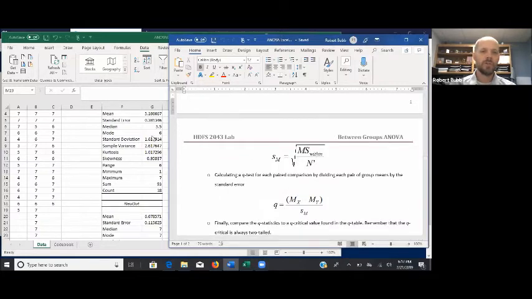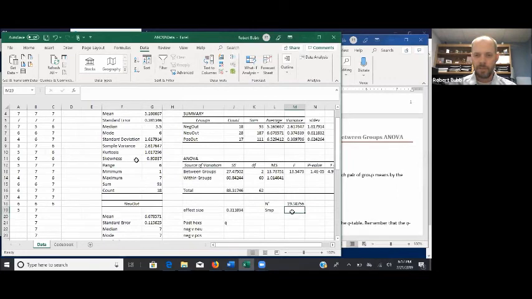So I'm going to go back to our spreadsheet, click on that cell that's right next to my symbol for the standard error pooled. I'm going to hit equals, and I'm going to do my open parentheses again, except this time I'm going to take my mean squared within. So I'm going to go to my source table. My mean squared within is going to be this value of 1.01. And I'm going to divide by that harmonic mean that we just calculated, 19.99.